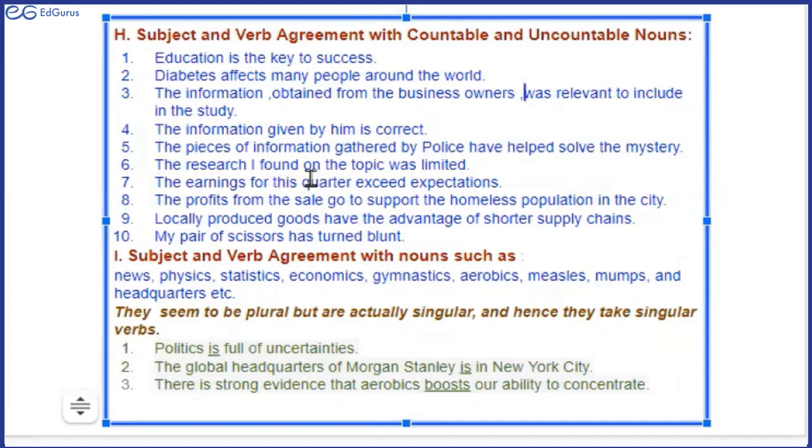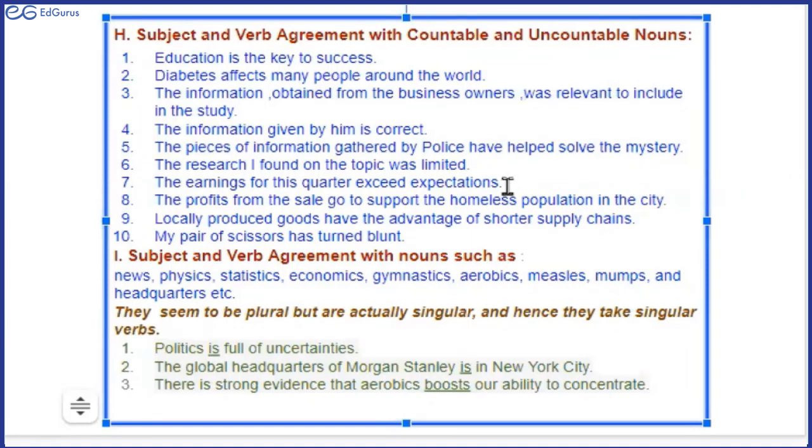The research I found on the topic was limited. Now, was is a singular verb. What is the subject here? The research is the subject here, which is uncountable and singular. The earnings for this quarter exceed expectations.